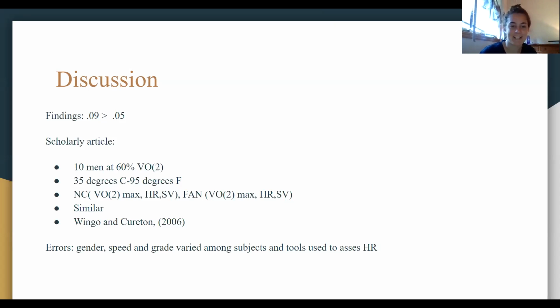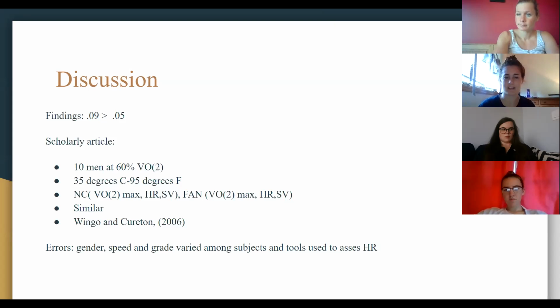So their findings are kind of similar to our findings, because they did find that the men's heart rates increased significantly in a hot environment, and we found the same thing with our two subjects, heart rates increasing in a hot environment as well.